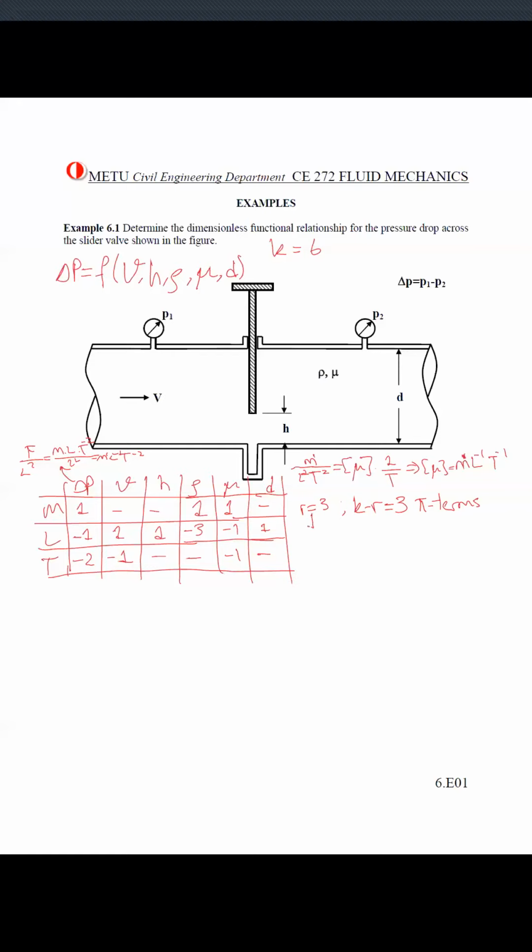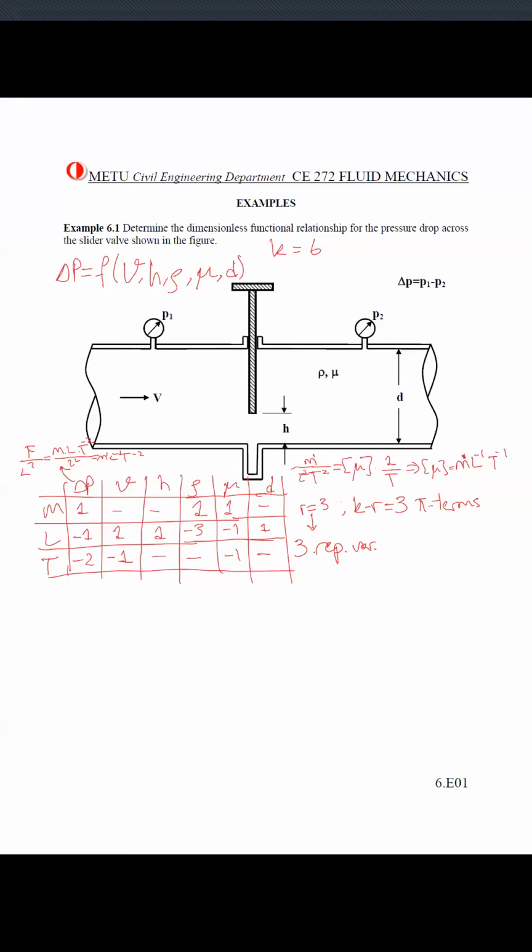And r equals 3 also means that we need to select 3 repeating variables. How will we select those repeating variables? Initially, we cannot select delta P because that is the dependent variable, but we need to use those 5 remaining parameters, and we have some rules.